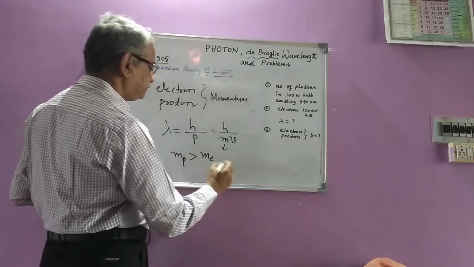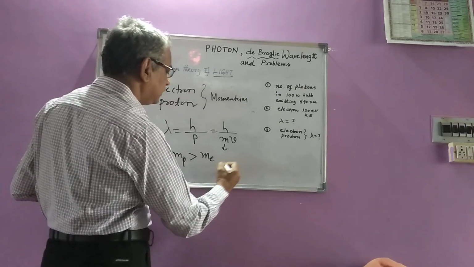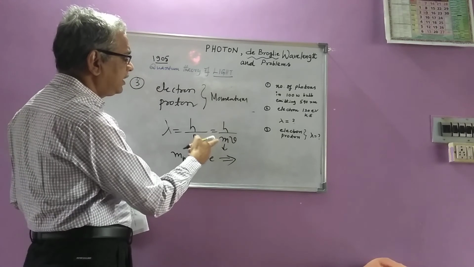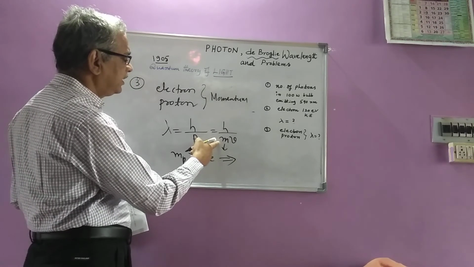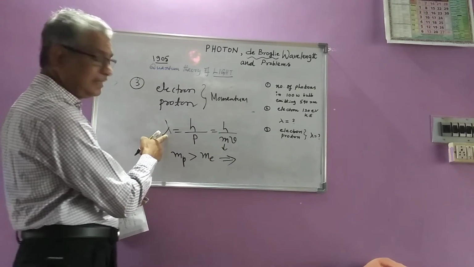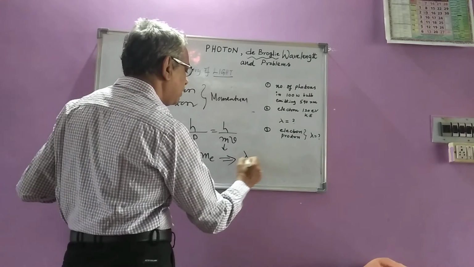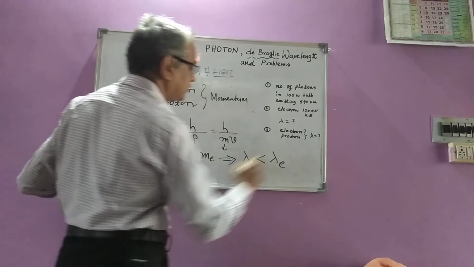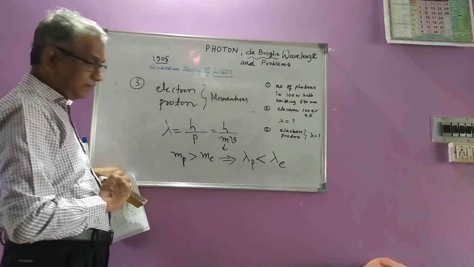Therefore, since a larger quantity is sitting in the denominator, the lambda value will be less. This implies lambda of proton is less than lambda of electron.